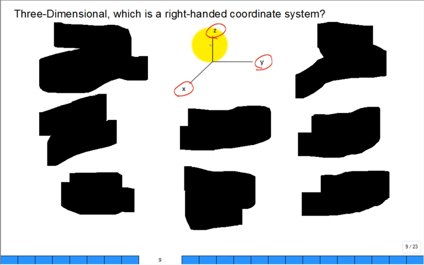With the right hand, you can only curl your fingers 90 degrees one way, and that has to be the y direction. So conceptually here, I would put my origin there, put my fingers in the positive x, curl my fingers in the direction of positive y, and guess where my thumb is pointed? In the positive z.